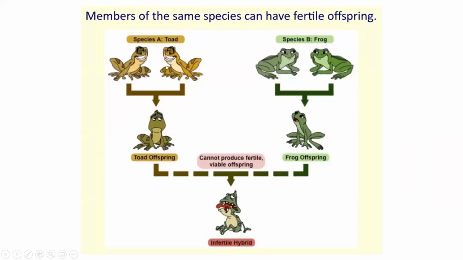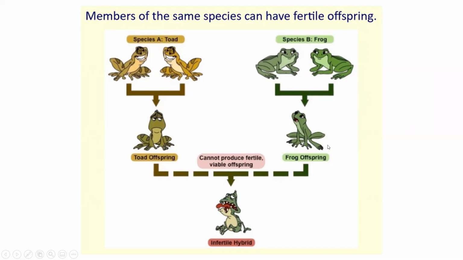Let's have a look at another example here. So here we have two toads. These are members of the same species. They can go on to produce a fertile toad as their offspring. Here we have two frogs. They can go on to produce fertile frog offspring.